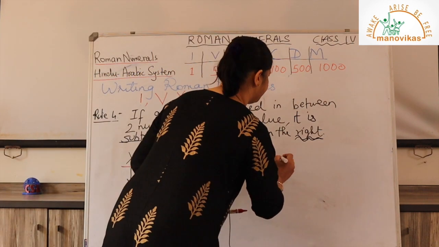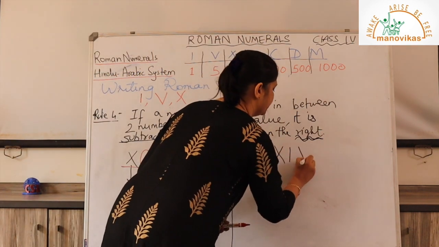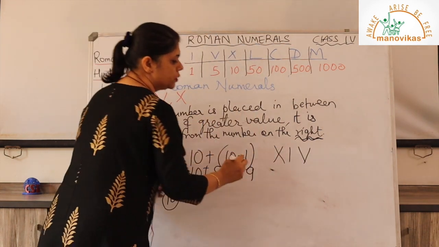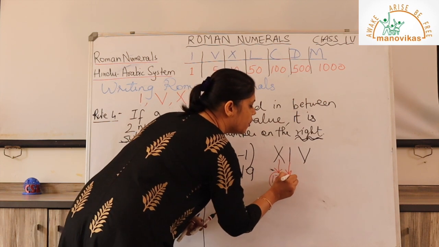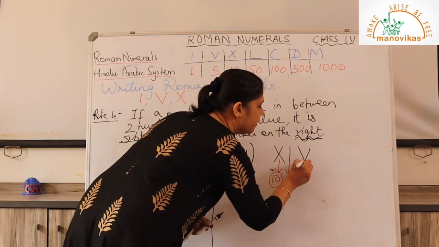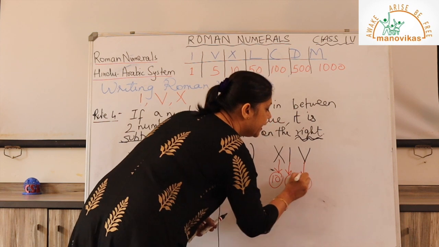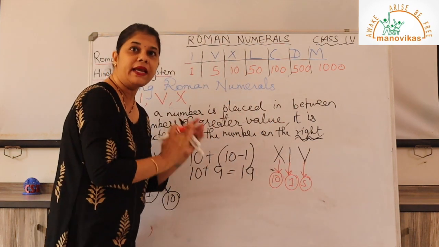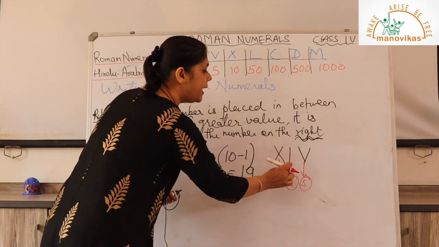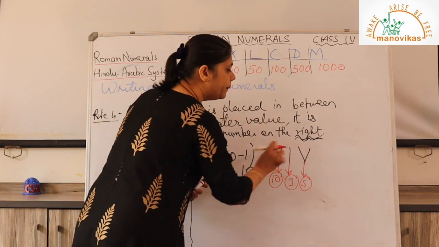Suppose you are given this. Now here also X stands for 10, right? I stands for 1 and V stands for 5. Now look here, X and V are both big numbers, right? And I is placed in between the big numbers.